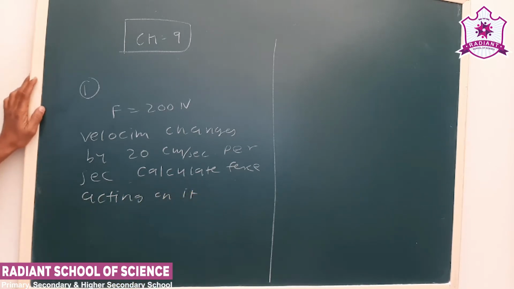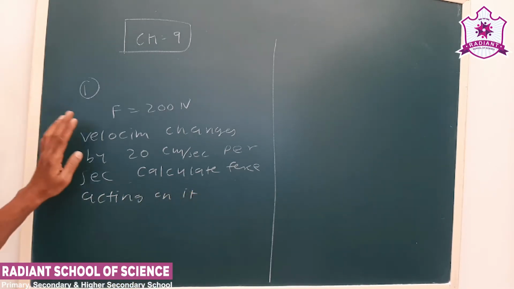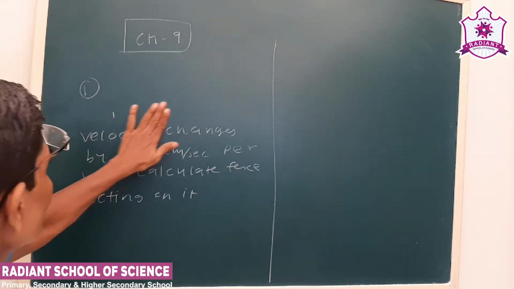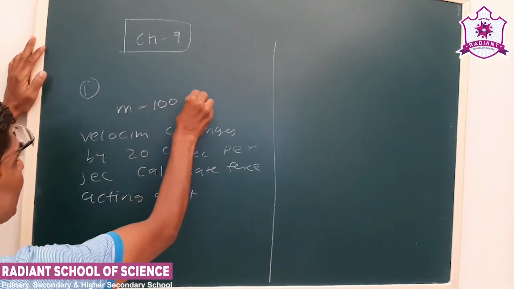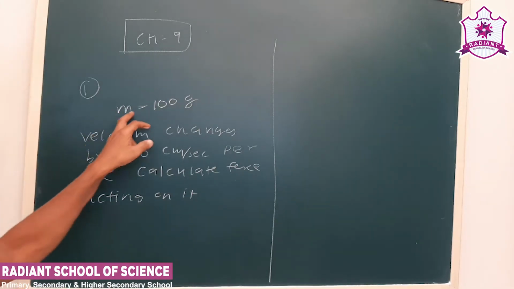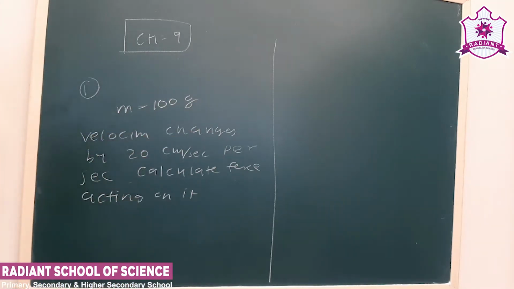Now see the equation of force. The mass of the body is 100 gram. When force acts on it, the velocity changes by 20 centimeter per second every second. Calculate the force acting on it.